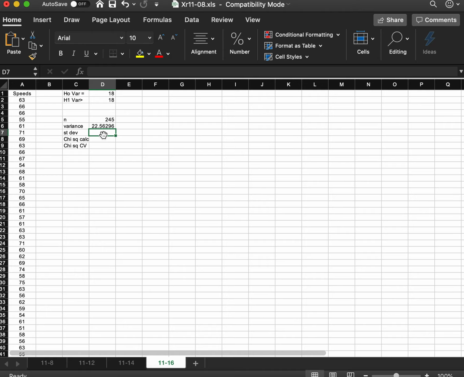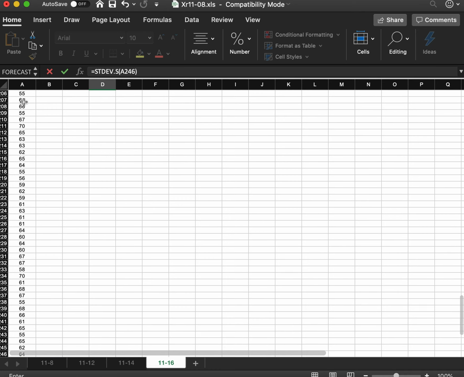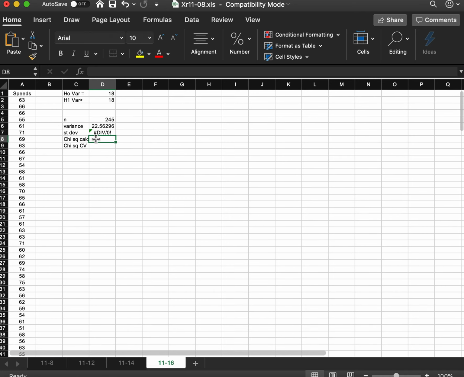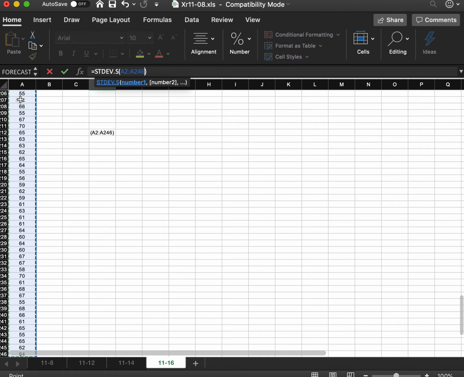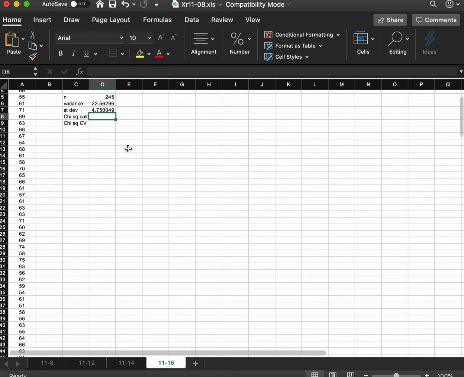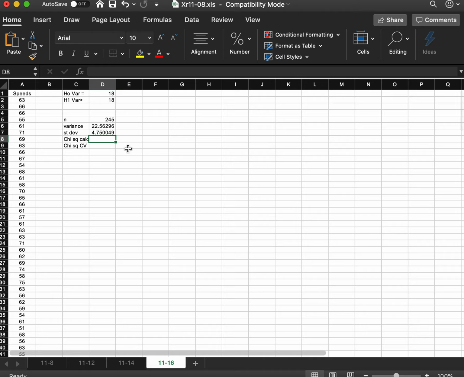This is all important for the chi-squared values. You should get 4.75.